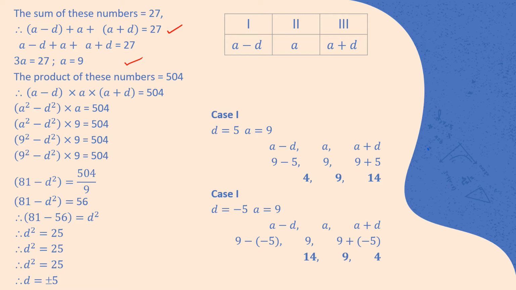I'm substituting a with 9 in this case, so 9 square minus d square multiplied by 9 is 504. As you calculate, we come to the figure that d square is 25.